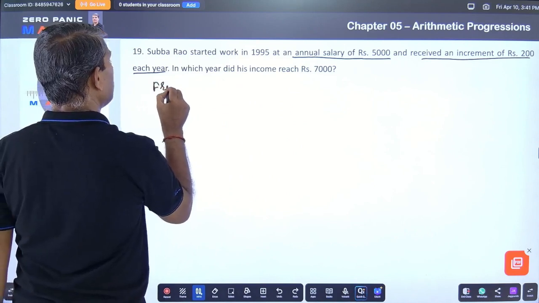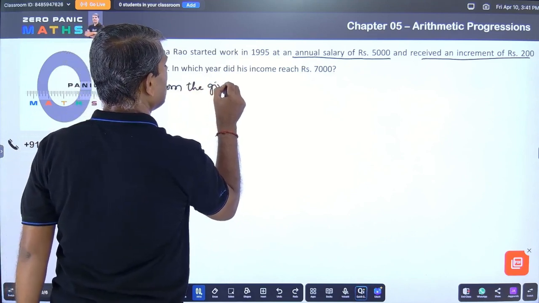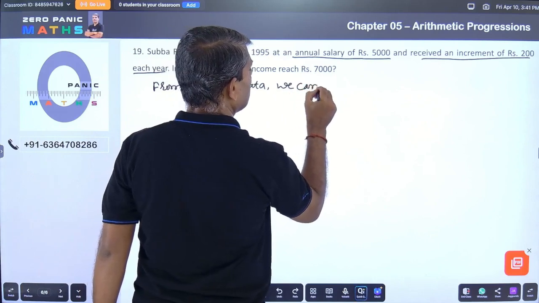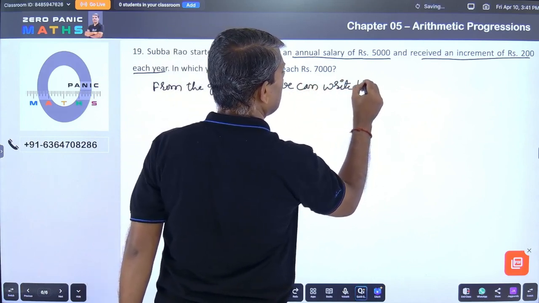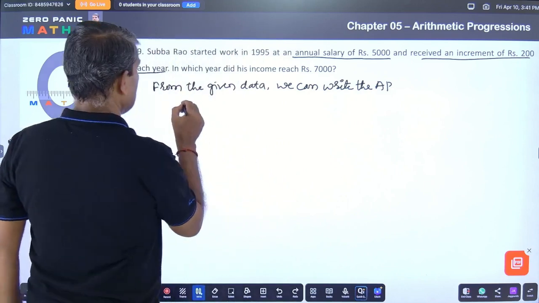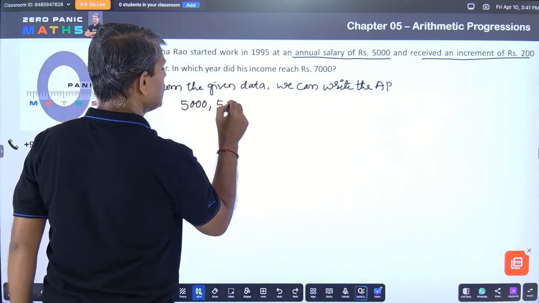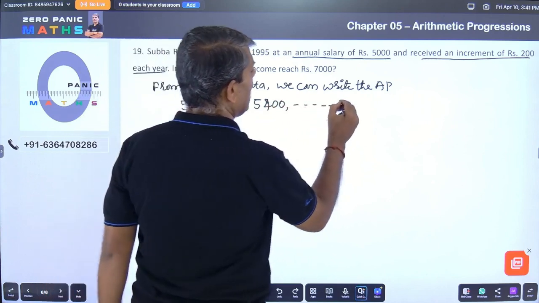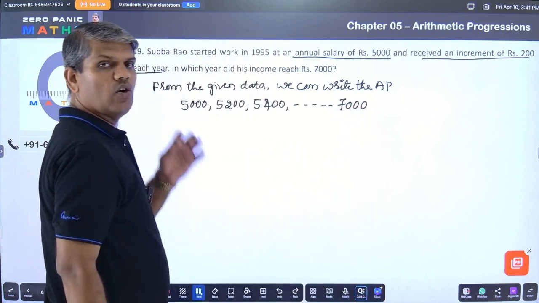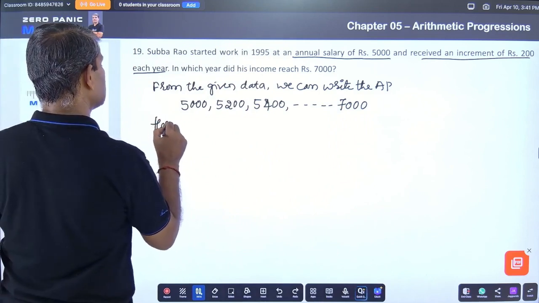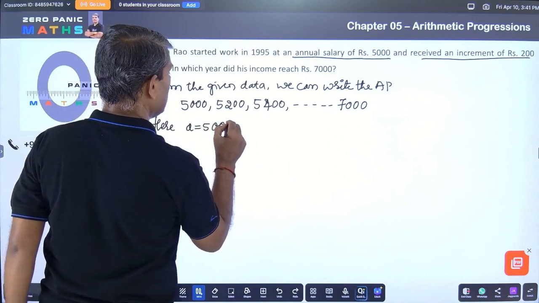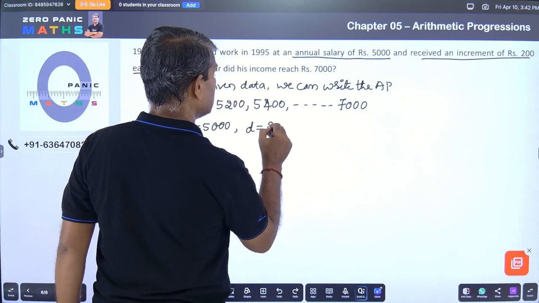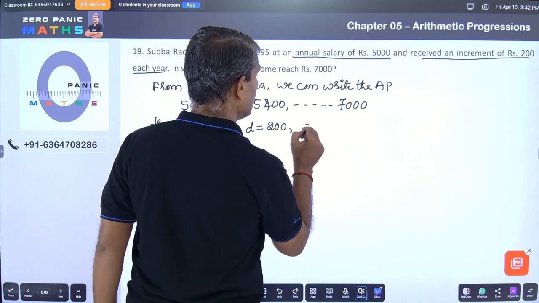From the given data, we can write the AP: 5,000, 5,200, 5,400, because they told that 200 is the increment, and finally there is 7,000, which is AN. Additionally, A is equal to 5,000, which is the first year salary, and D is the increment, 200, and AN is equal to 7,000.